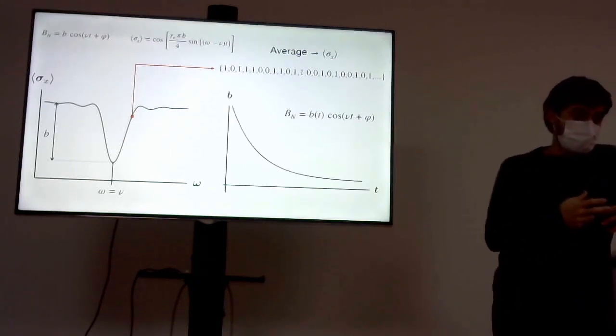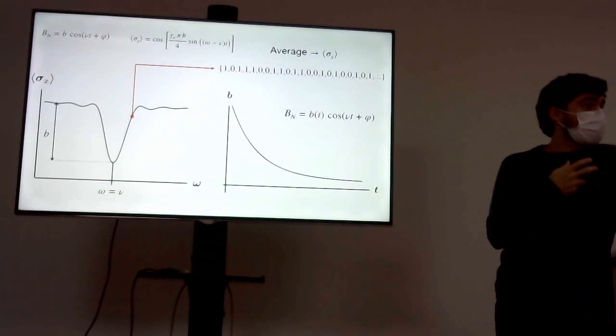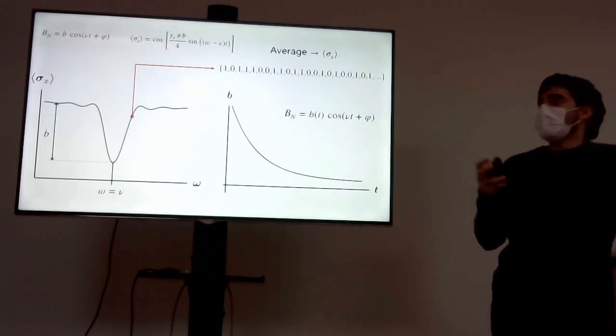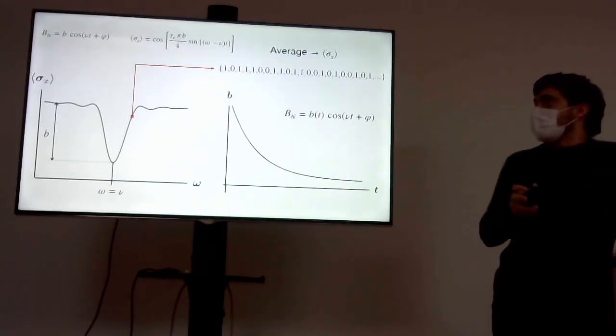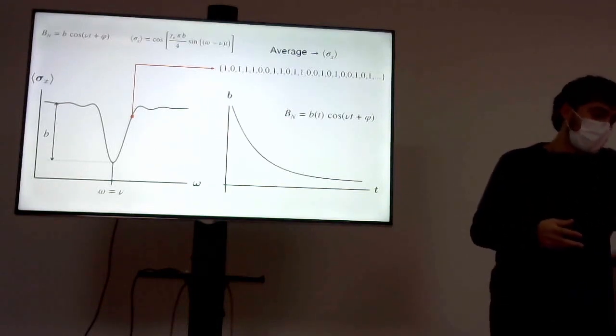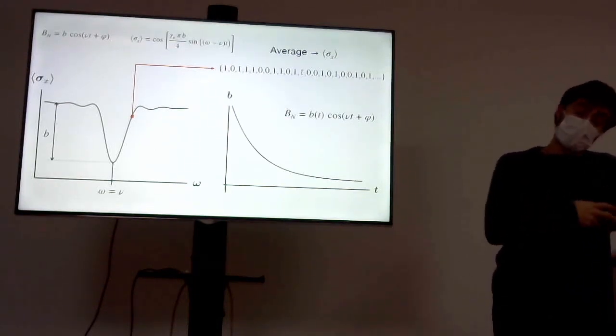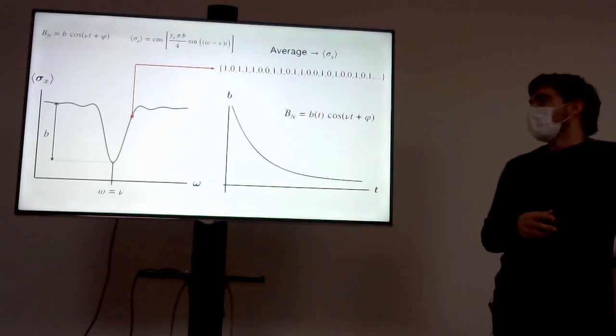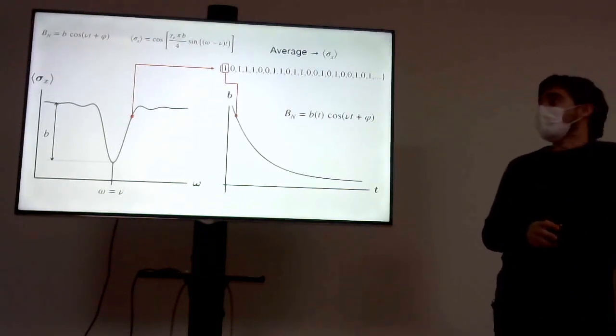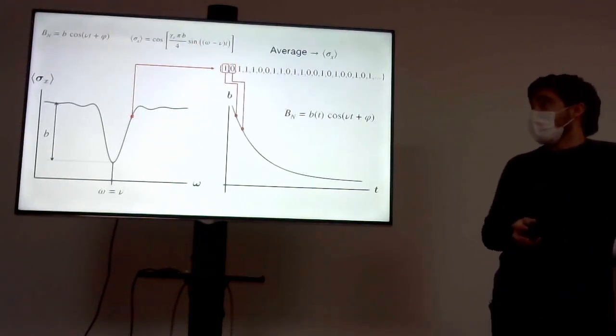if the sample is evolving, meaning that the signal is evolving, and we repeat the same experiment, set a frequency, let the NV system evolve with the sample and then measure, the first measurement corresponds to some value of the field, of the signal. The second one to a different one, and so on.